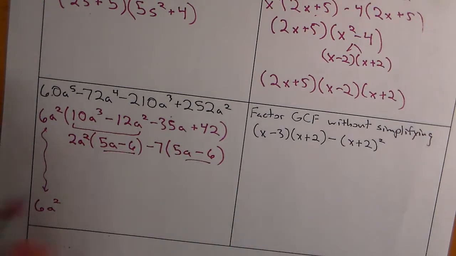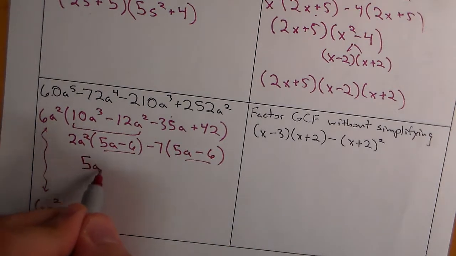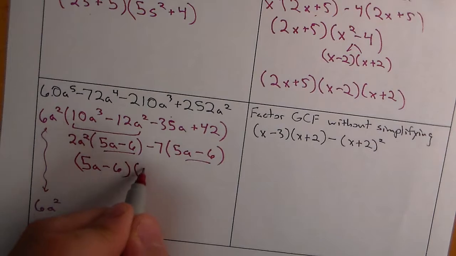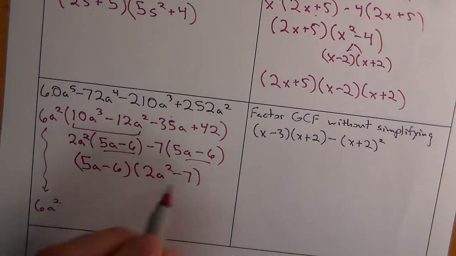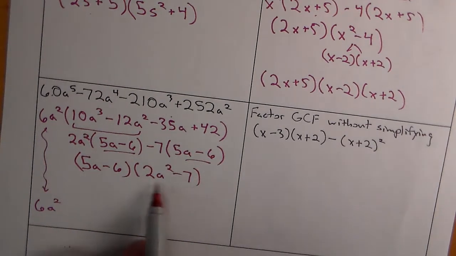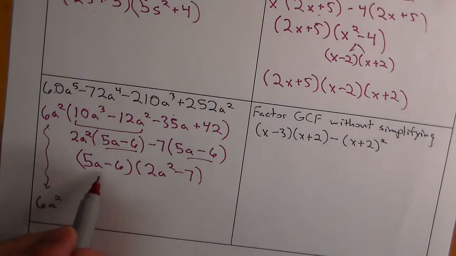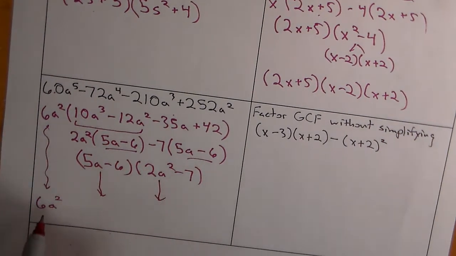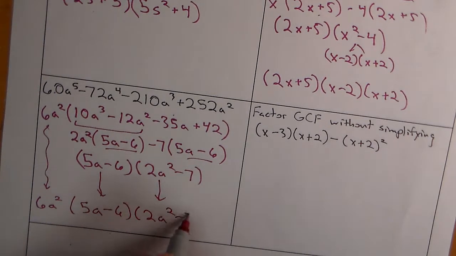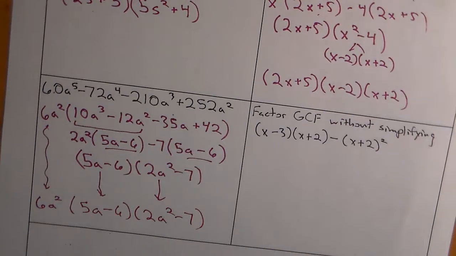That's good. They match. So we're going to go 5a minus 6 and 2a squared minus 7. Now, even though this is an a squared, these are not perfect squares. It's not a difference of squares. Bring them all down to join the 6a squared already. 5a minus 6 and 2a squared minus 7 is my factored form.